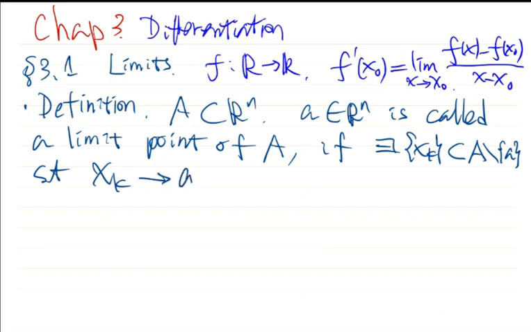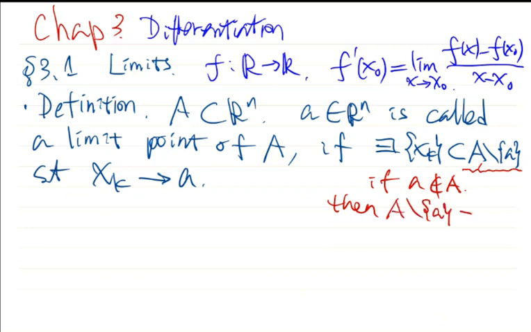xk converges to a. I remind you that although here we denote A minus this point, removing this point, if a is not contained in A, then A with this point removed is unchanged, it is A itself.